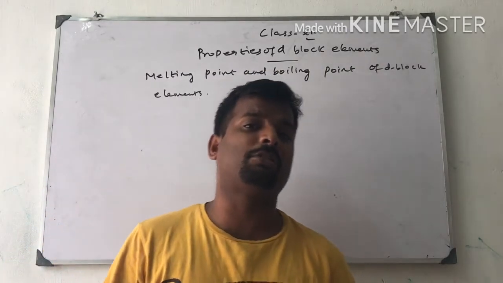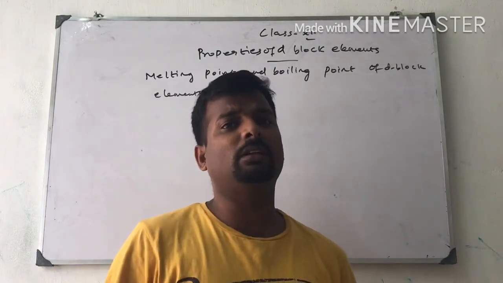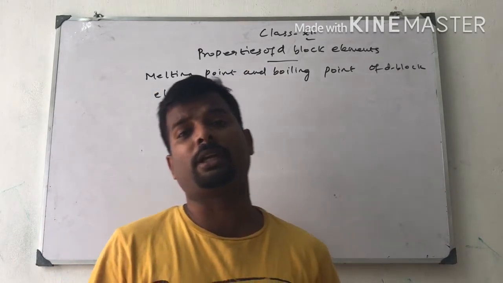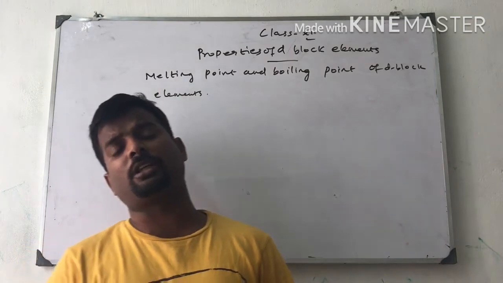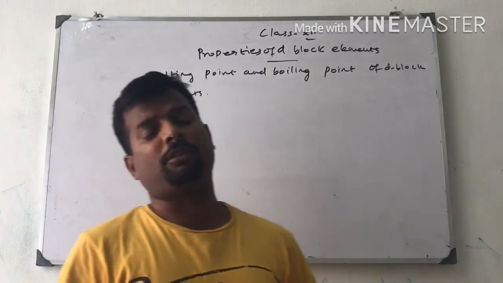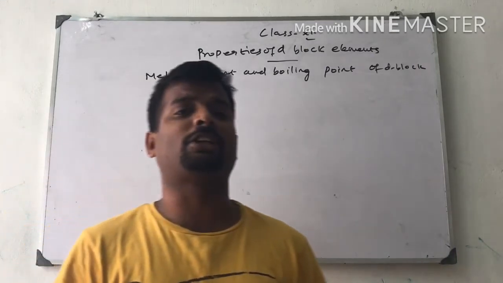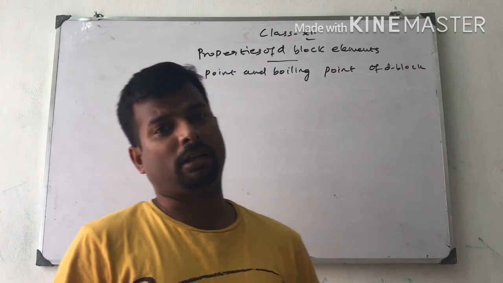That is why copper is a very good conductor of electricity. Next is tensile strength, load bearing capacity, stability, weight bearing capacity. All those are physical properties of D block elements.